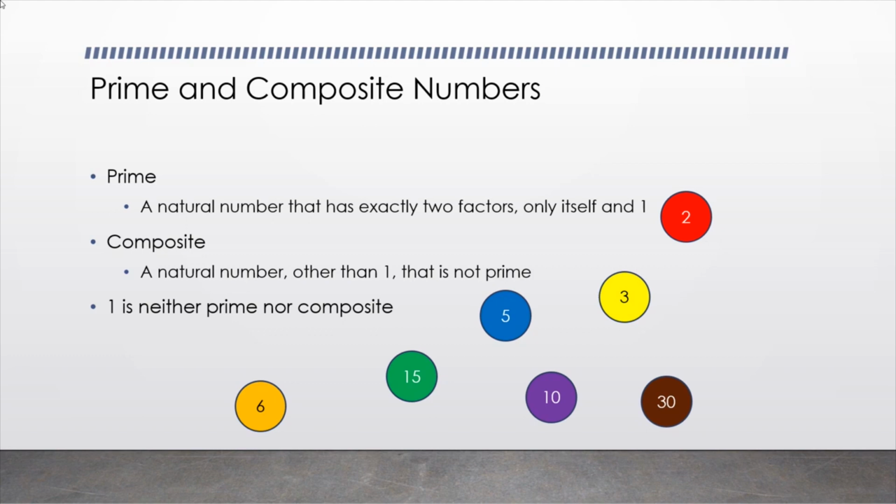Now, every number is either prime or composite, except for one. One is neither prime nor composite. A prime number is simply a number that only has two factors, itself and 1. And a composite number is one that is made up of prime numbers.